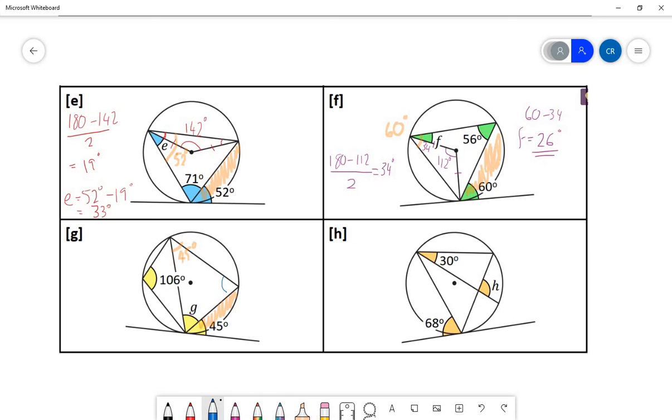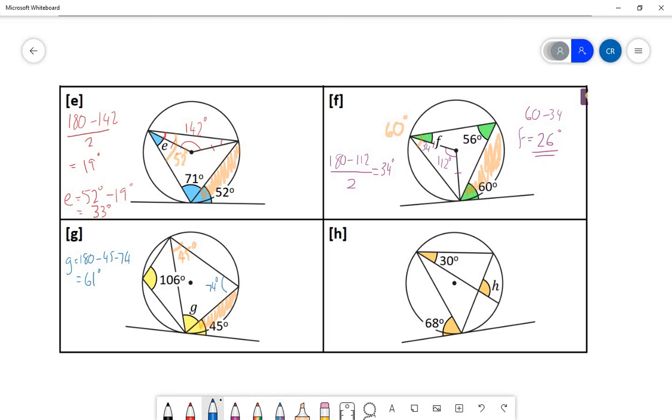Okay, but it's like one we did before. You can look at the four-sided shape. So cyclic quadrilateral, the numbers add up to 180. So this is going to be 74 degrees. So then if we want G, we're going to do 180 minus our 45 and minus our 74, which should be 61 degrees, I think.